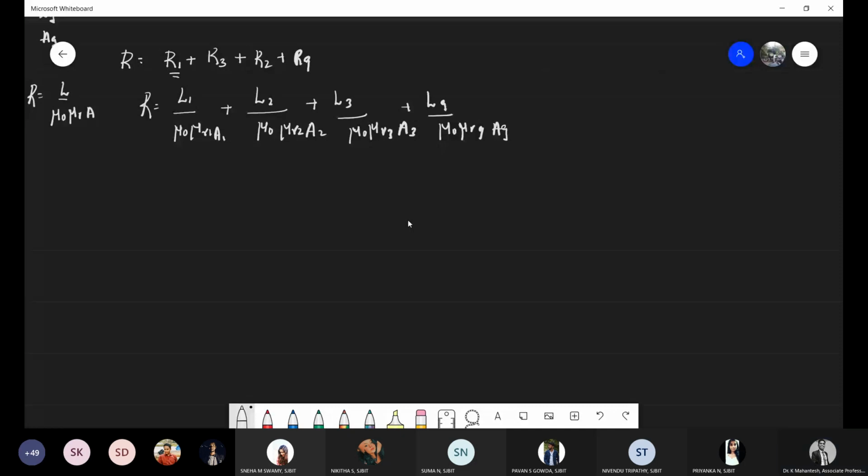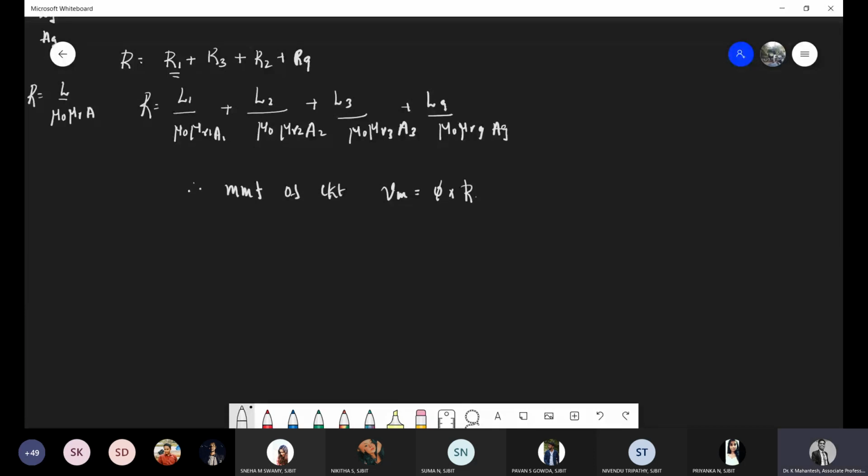So now this happens to be the total reluctance equation. But the MMF, that is magnetomotive force of the circuit, is given by Vm is equal to flux into reluctance.